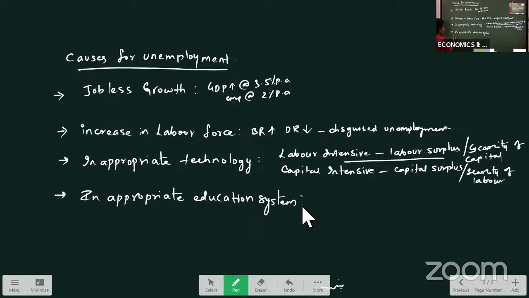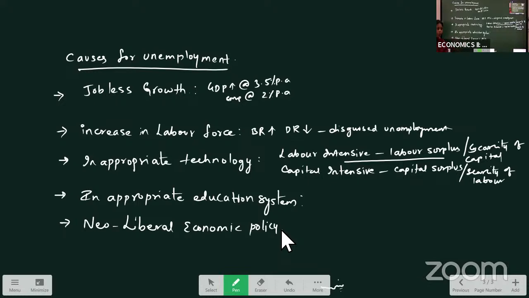And another cause for unemployment is neoliberal economic policy. With the introduction of neoliberal structural reforms in India since the 1990s, what do neoliberal economic policies mean?